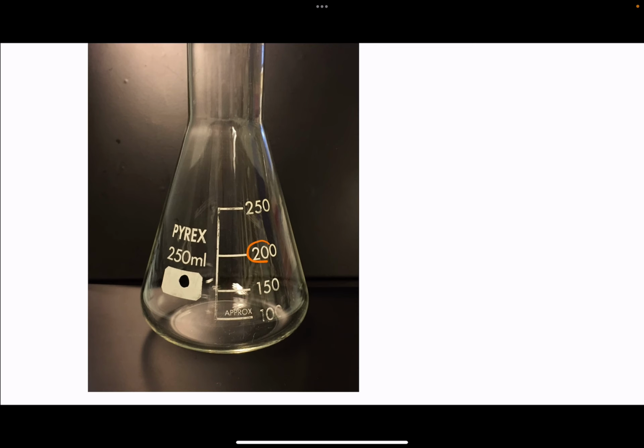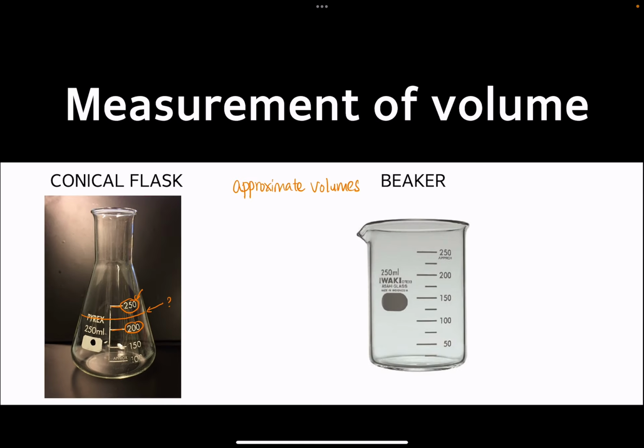Can you see there's 200 here, and then it's just one line, and then there's 250, and then it's another line. What will happen if my liquid level is here? Would you be able to tell what is the exact volume? You realize you can't. And the calibration of this 250 is actually not that accurate. So that is the reason why we do not use conical flask, or even later on you'll see beaker for measuring accurate volumes. Okay, it's just for approximate volumes.